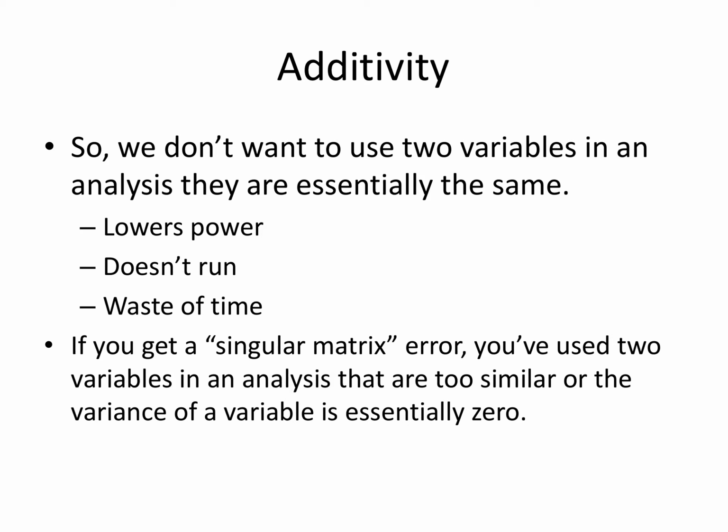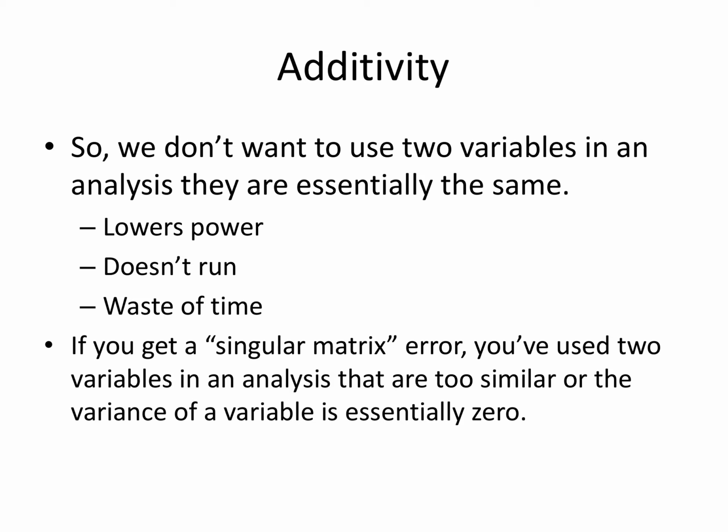So we don't want to use 2 variables that give you the same answer because that will lower power. It won't run or it might be a waste of your time. The error message that you'll get often says singular matrix, or something about a Hessian matrix being not definite. Those are the most common versions of that theme, and that essentially says that the variables are too similar.